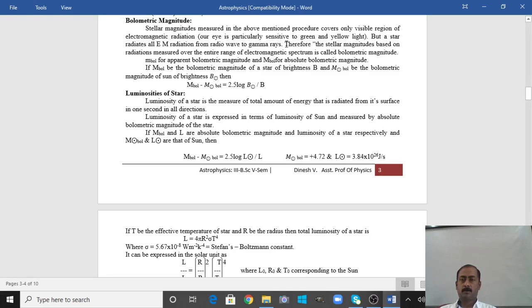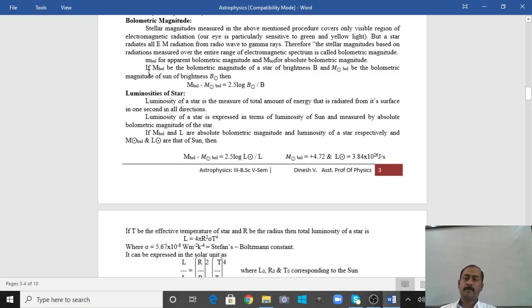But a star radiates all electromagnetic radiation from radio waves to gamma rays. Therefore, the stellar magnitudes based on radiations measured over the entire range of the electromagnetic spectrum is called bolometric magnitude.